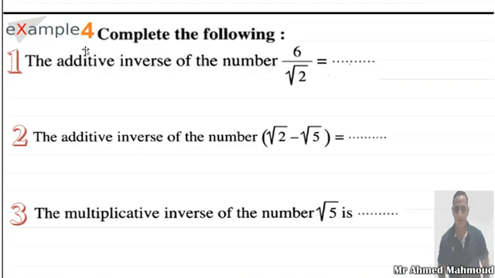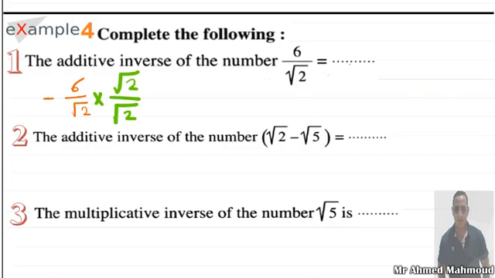In this example, we have to find the additive inverse of this number. The additive inverse of this number is negative 6 over square root 2. But I will not write it in this form because it's not in the simplest form. Then I'm going to multiply up and down, as I explained before, by root 2.